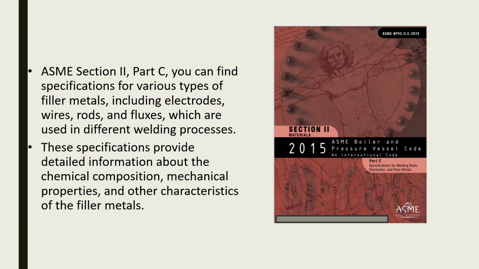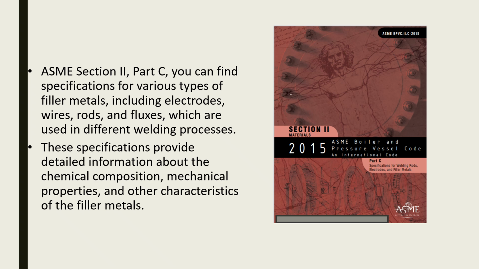So for the specifications, there's a couple of main specifications that are written by standards organizations in the U.S., and one of them is the American Society of Mechanical Engineers. They put out the Boiler and Pressure Vessel Code. Well, they put out Section 2, Part C, and this is the specification for welding rods, electrodes, and filler materials.